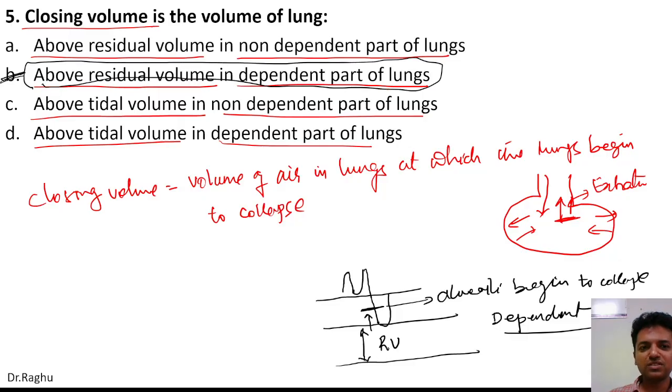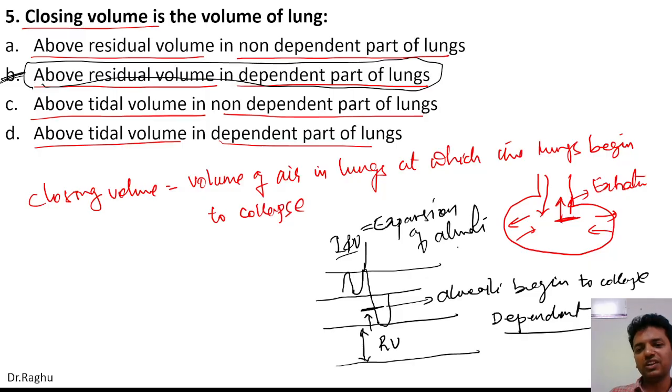It is not above the tidal volume. Above the tidal volume is the inspiratory reserve volume, and during inspiratory reserve volume there is expansion of the alveoli. So remember this thing regarding the closing volume.